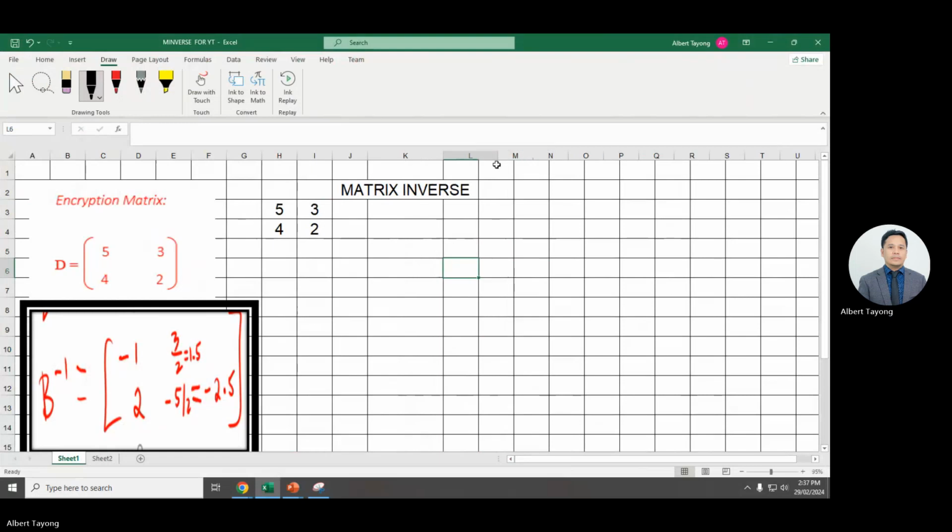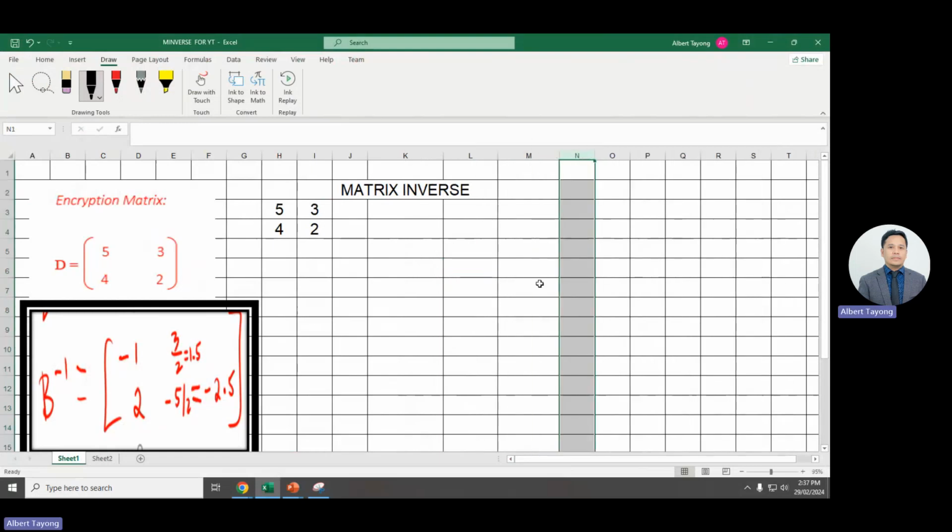So I can select any 2 by 2 cells here, for example, equals MINVERSE, double click MINVERSE, select the numbers, Control Shift Enter. So as you can see, the answer is -1, 1.5, 2, and -2.5. So we have the correct answer.